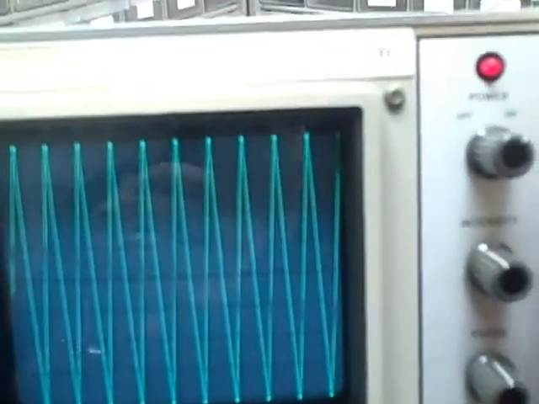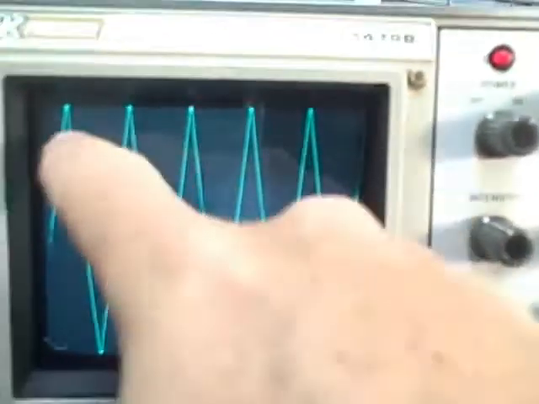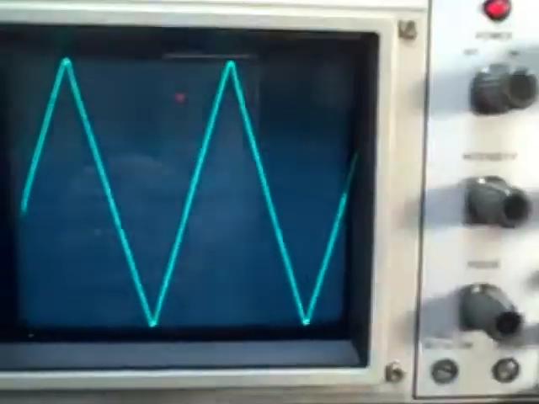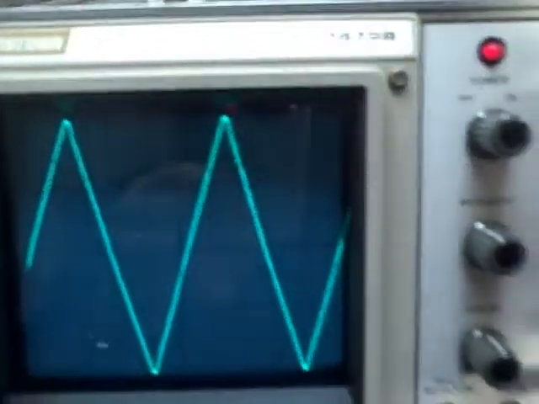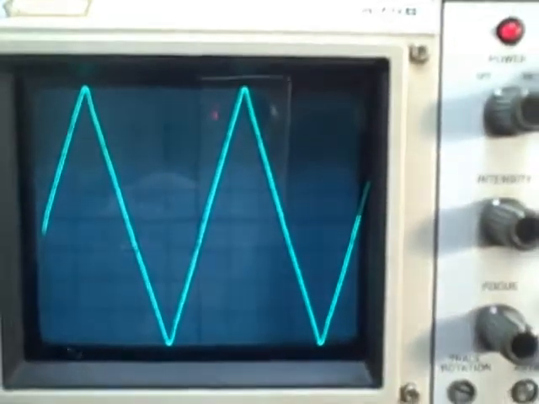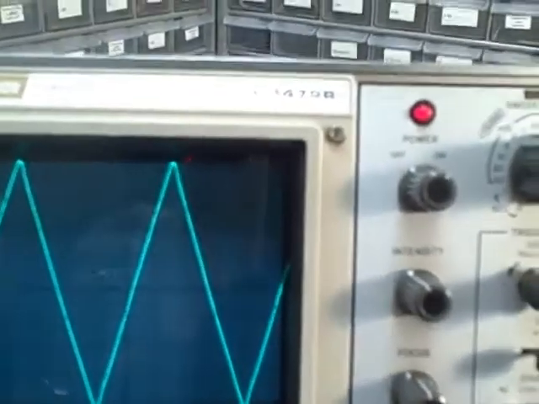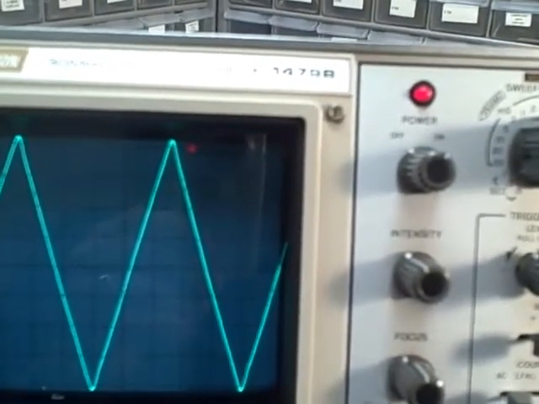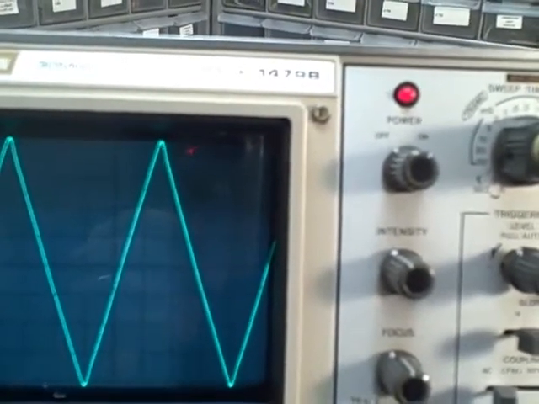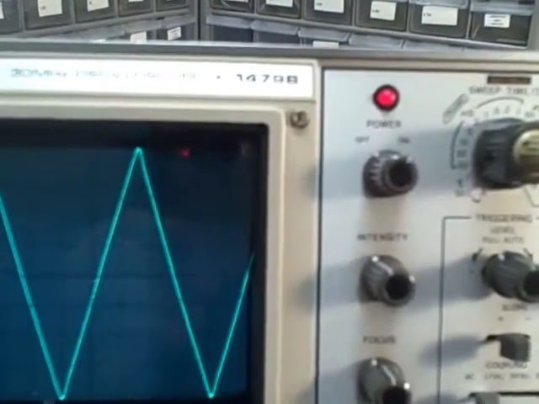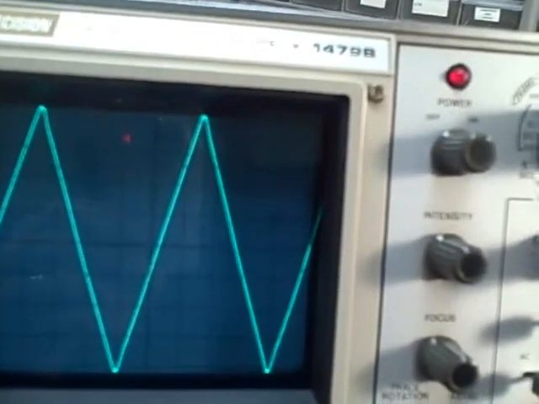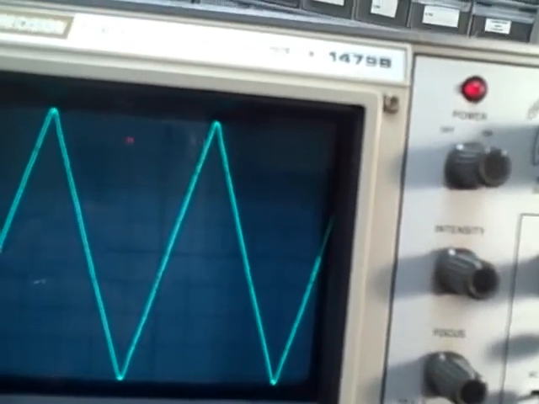If I go to 0.5, I've got the 5 peaks again. 0.2, I get 2 peaks, and then I wind up in XY land because I have no more range. So I've gone through the entire sweep range from 10 milliseconds per division all the way up to 0.2 microseconds per division. And we've tracked right on the nose.